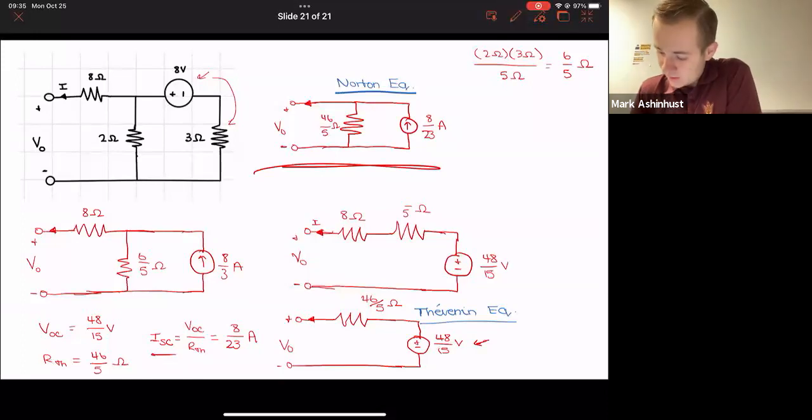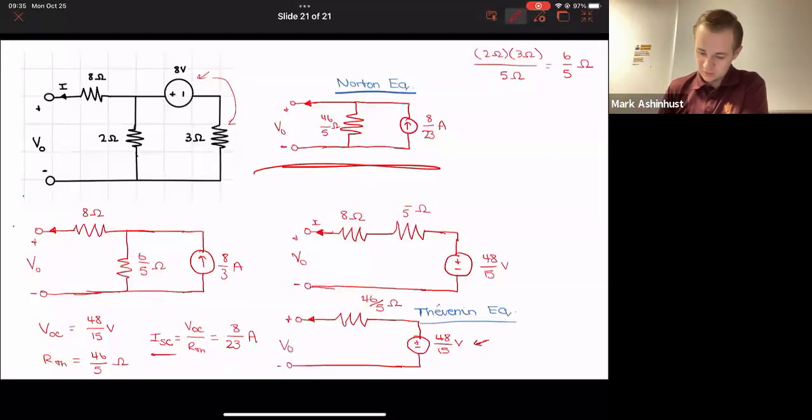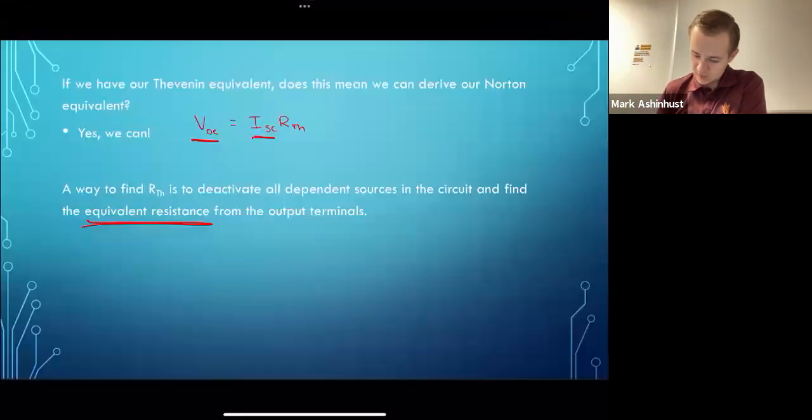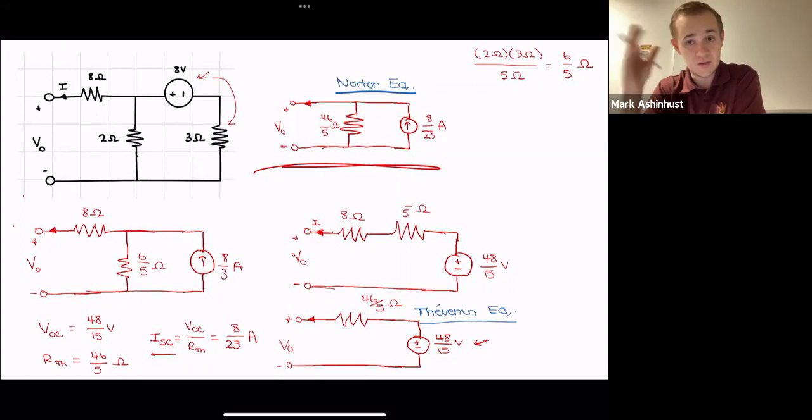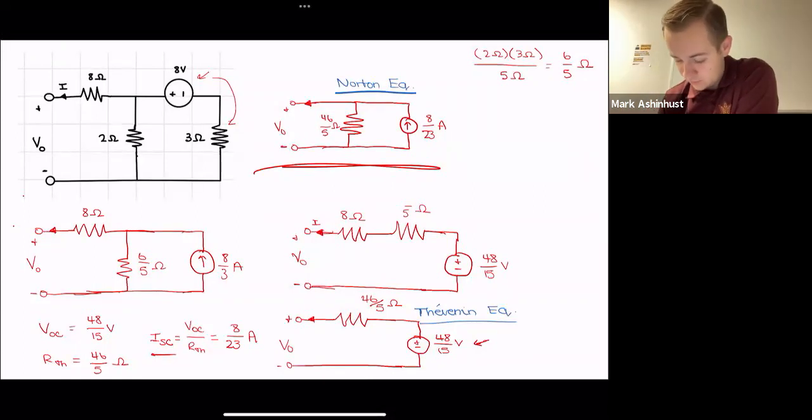One last thing is going back to one of my points back here. So we turn off a voltage source. A 0 volt voltage source is a wire. So we would imagine shorting that out.